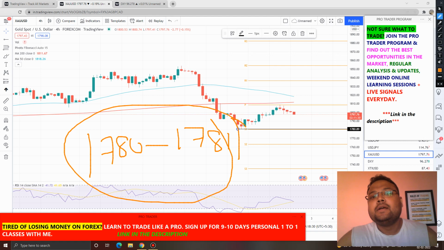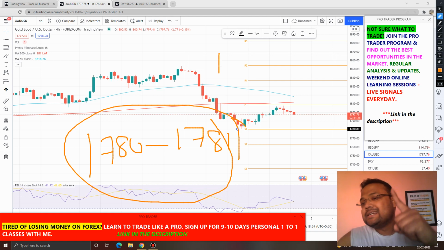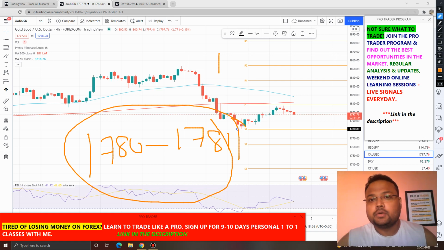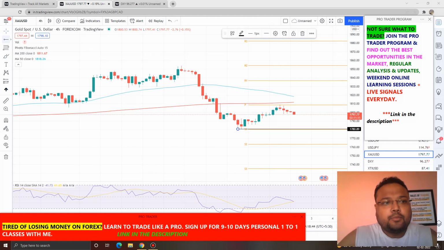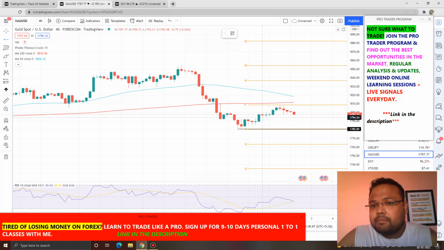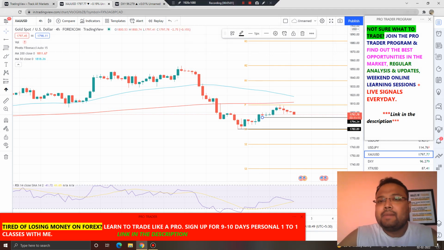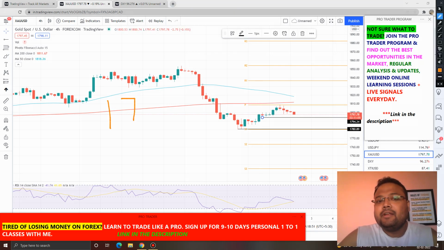Always keep in mind, support and resistance levels are not a single number. They work in a zone. Support is a zone in the market, resistance is a zone in the market. And see, we also have a minor support here. Now let me talk about some minor supports. Yes, minor support at 1794 to 95.